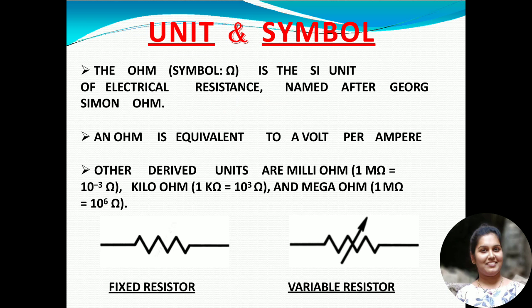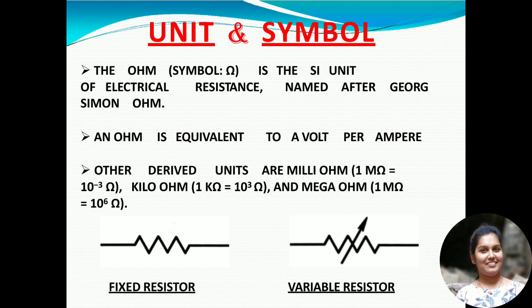Here the m is not capital, it is small. 1 small m ohm is nothing but 1 milliohm, that is 10 power minus 3 ohm. Kilo ohm means 10 power 3 ohms. Mega ohm is 10 power 6 ohms, like what we see for milli, mega, micro, nano. So everything applies to resistors also.